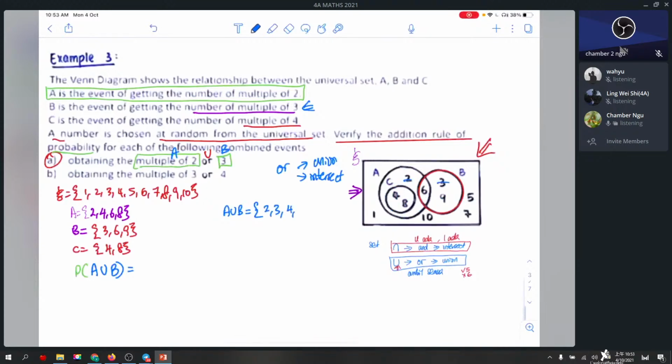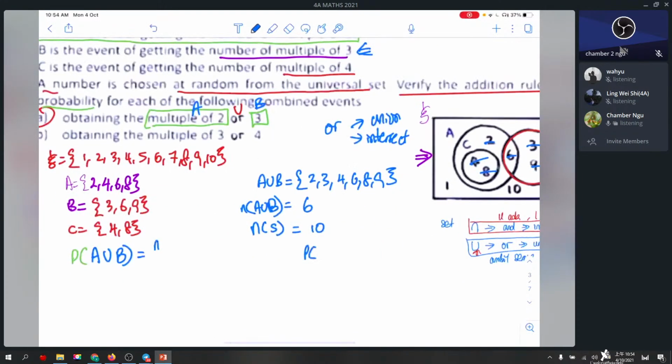So maksudnya we get 2, 3, 4, 6, 8, 9. So how many elements inside A union B? 1, 2, 3, 4, 5, 6. So we get 6. So how many altogether? Berapa jumlah semua sekali? Ada 10 elemen. Kan? 10 elemen.